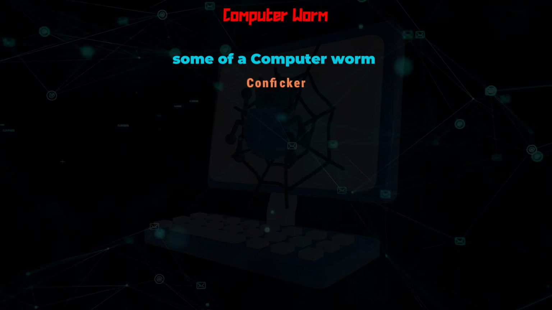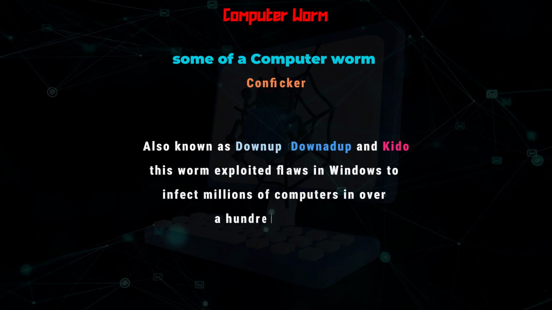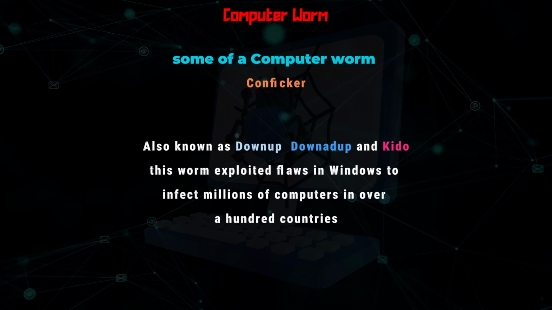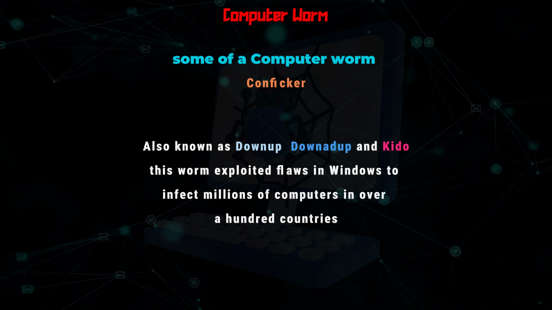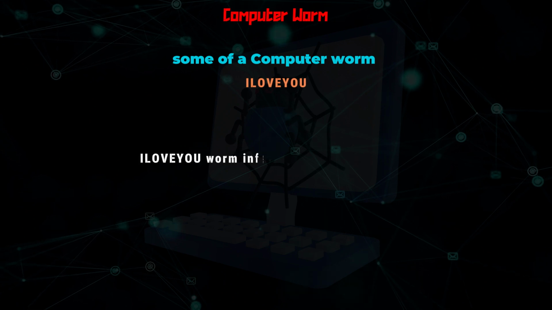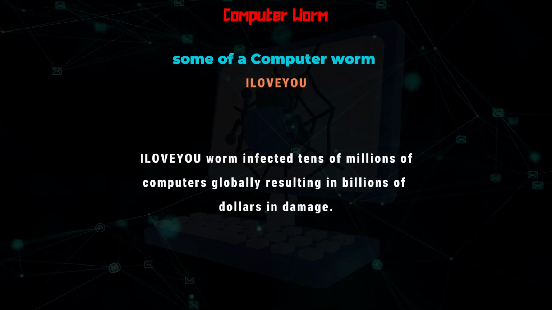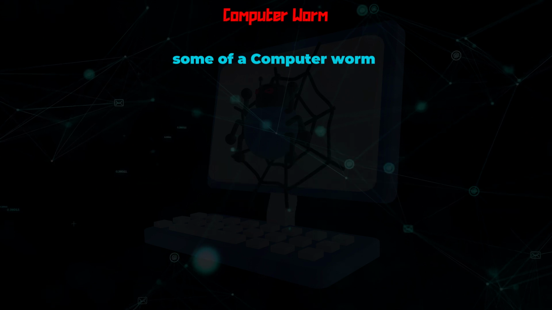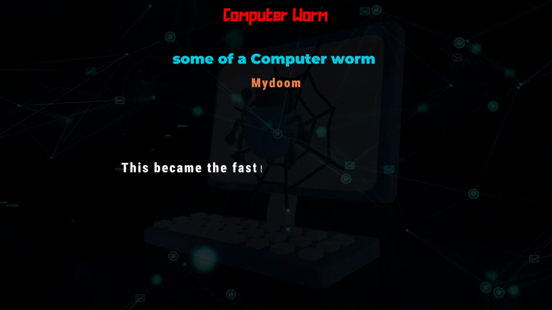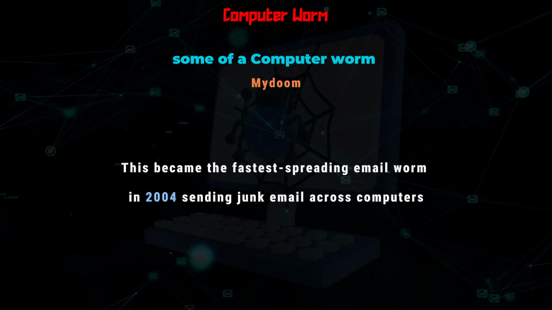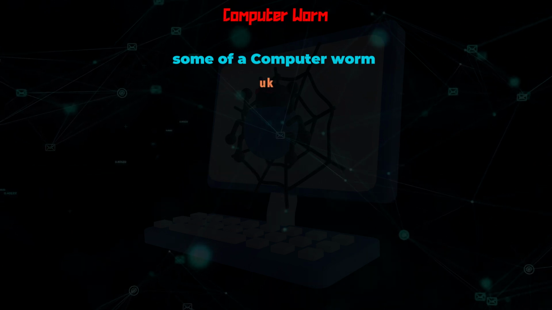Conficker, also known as Downup, Downadup, and Kido. This worm exploited flaws in Windows to infect millions of computers in over 100 countries. ILOVEYOU. The ILOVEYOU worm infected tens of millions of computers globally, resulting in billions of dollars in damage. Mydoom. This became the fastest spreading email worm in 2004, sending junk email across computers. Ryuk.